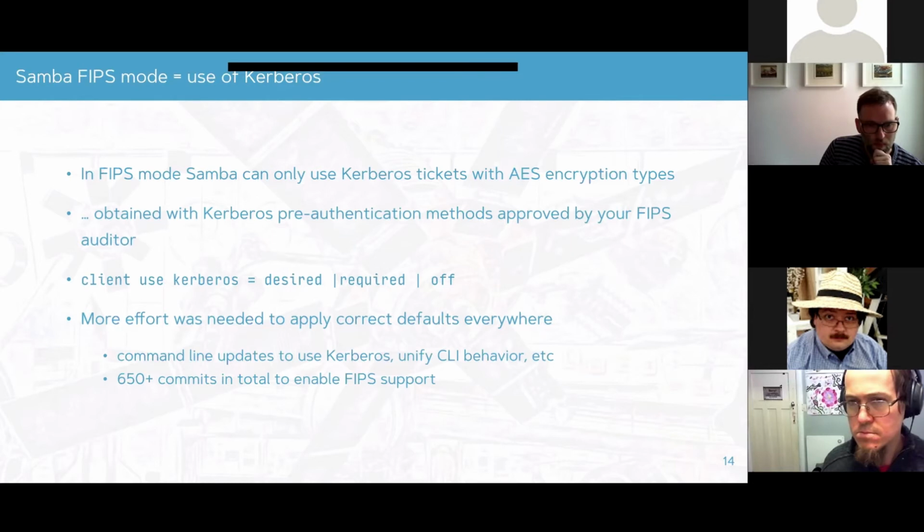The catch here is that in general, FIPS does not have Kerberos on the list of allowed protocols and methods. For some of the pre-authentication methods, it's possible to get this allowed, for example, if you do smart card authentication.